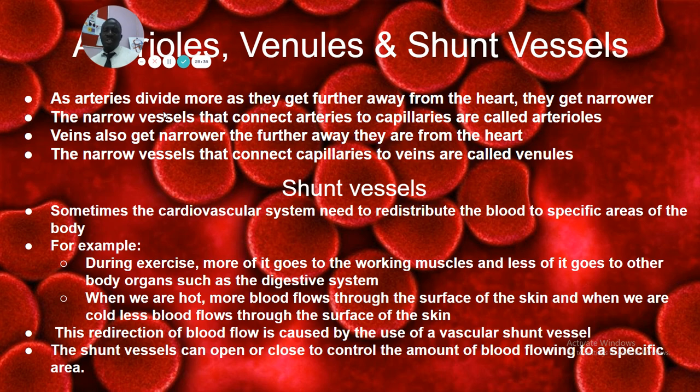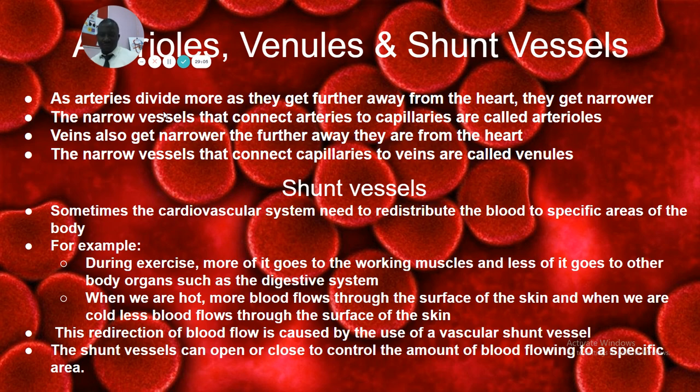When we are hot, more blood flows through the surface of the skin, and when we are cold, less blood flows through the surface of the skin. This redirection of blood flow is caused by the use of a vascular shunt vessel. The shunt vessels can open or close to control the amount of blood flowing to a specific area.